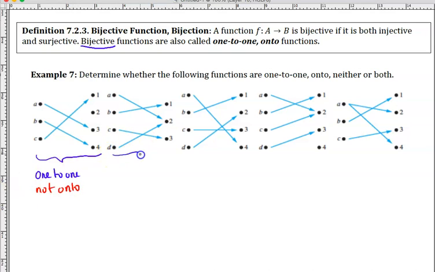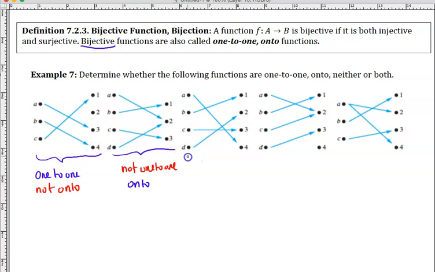This one is onto because all the y values are used, but it's not one-to-one because the y value 2 comes from two different x's. So this is not one-to-one, but it's onto.